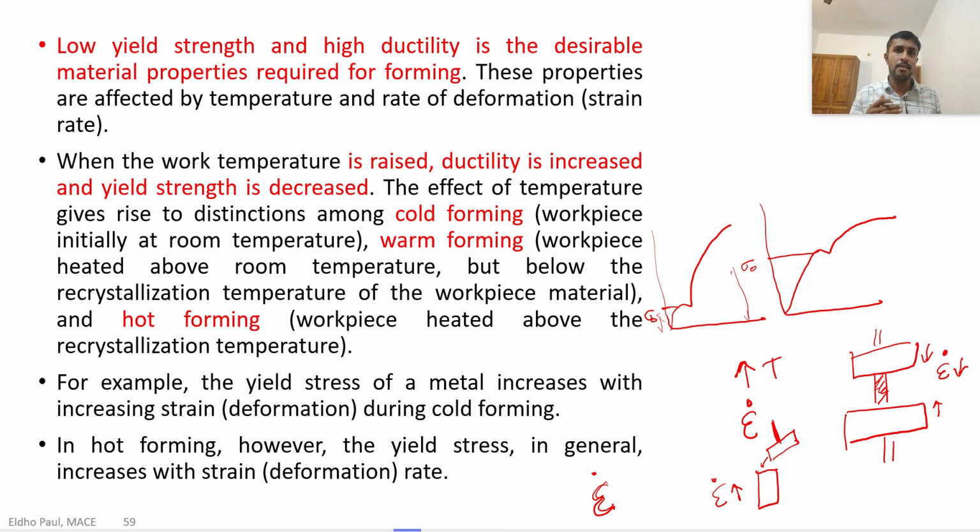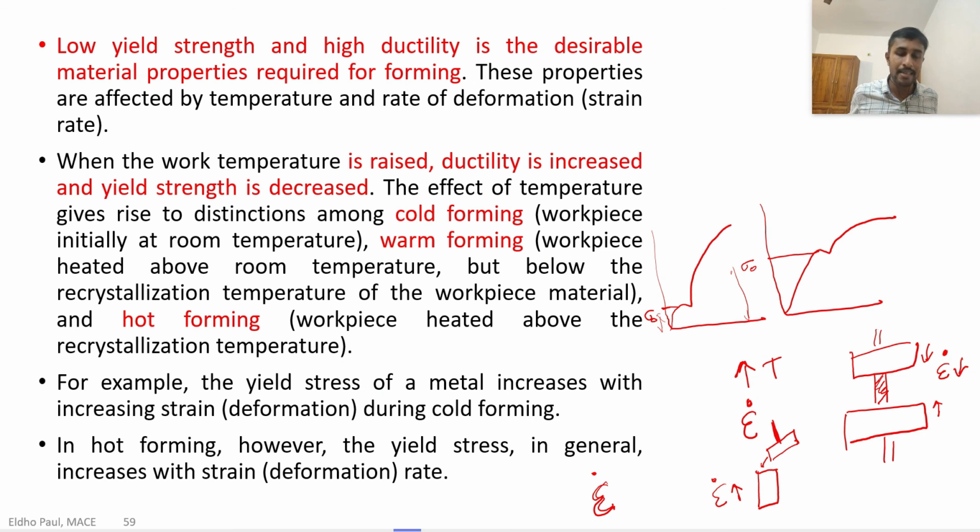If we reduce the strain rate to a very low value, that means we apply the deformation force at a very low rate, then we can deform the material to a very large extent. Even 2000 times reduction is possible with a very low strain rate.